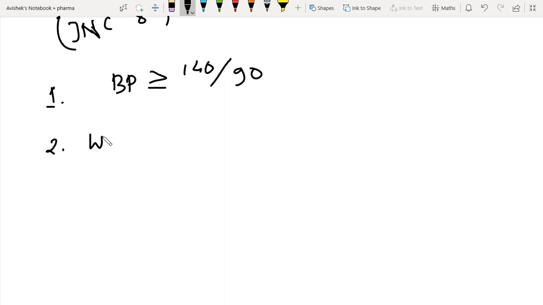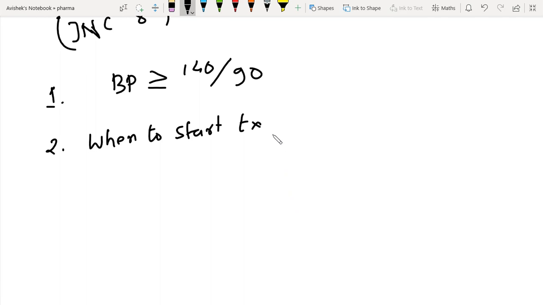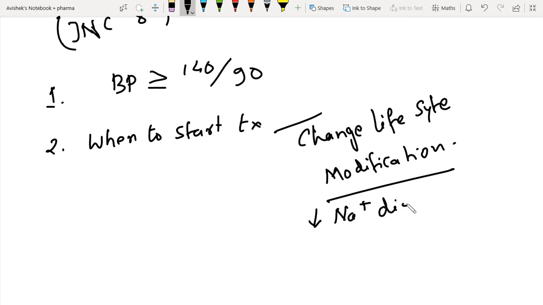First, we have to ask them to change lifestyle, or modification of lifestyle. What we can ask them to do: eat a low salt diet and do regular exercise.